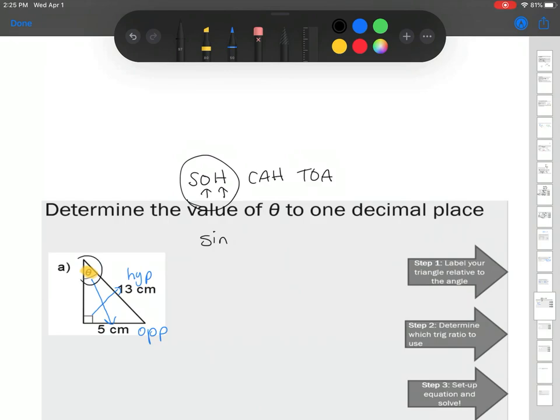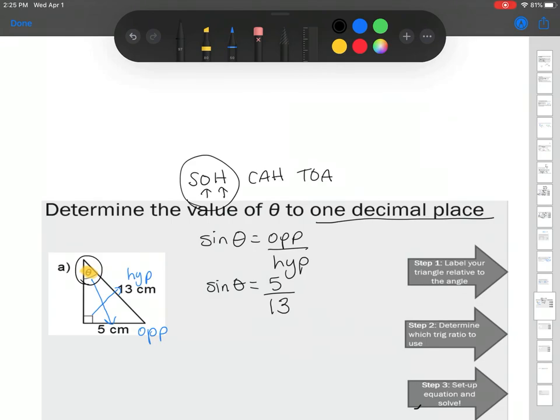So this time our unknown is the theta, the angle, and it tells us 1 decimal place. And we're going to do opposite over hypotenuse. Five over 13. So again, you can decide for yourself.